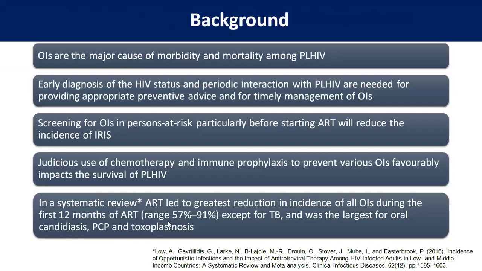So OIs are the major cause of morbidity and mortality among people living with HIV. Early diagnosis of HIV status and periodic interaction with the people living with HIV are needed for providing appropriate preventive advice and for timely management of OIs.